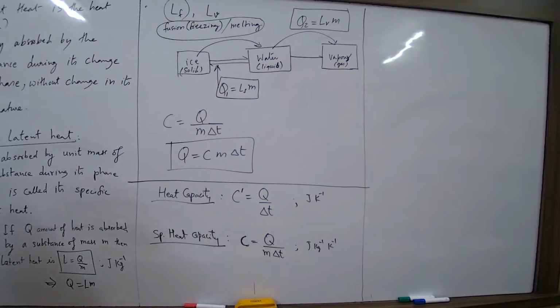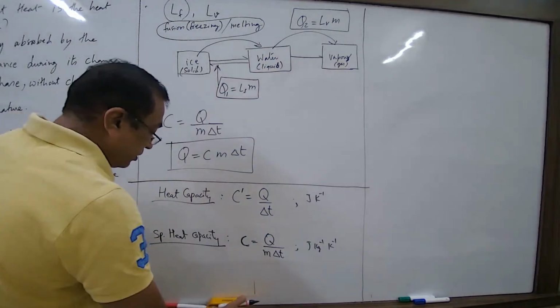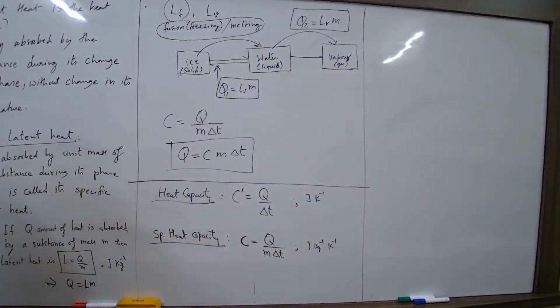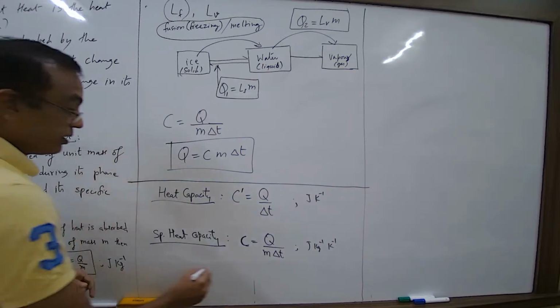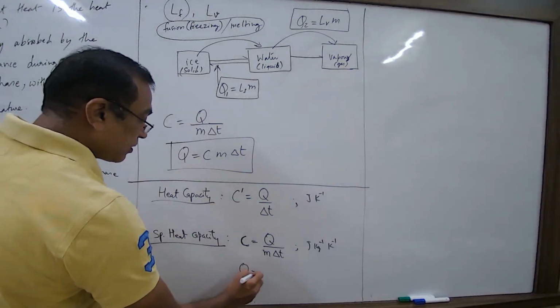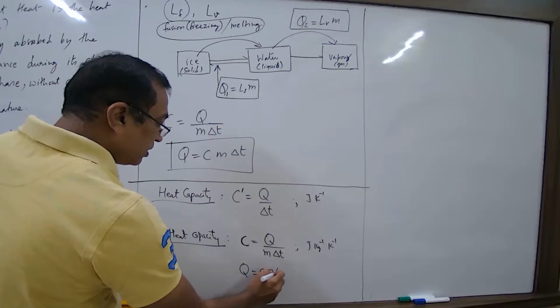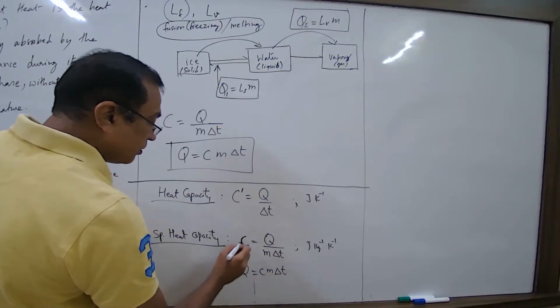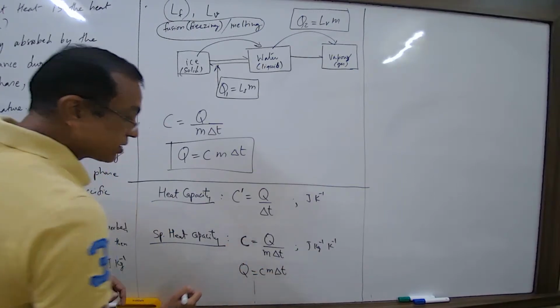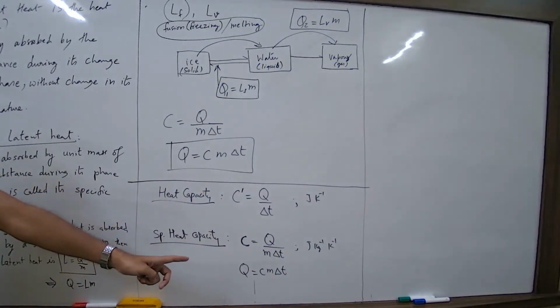Okay. So now if I tell you that I heated a substance, right, and its temperature changed by delta T. So how much heat it has absorbed? So you will say it has absorbed C m delta T. Because now this C is constant for a given substance.